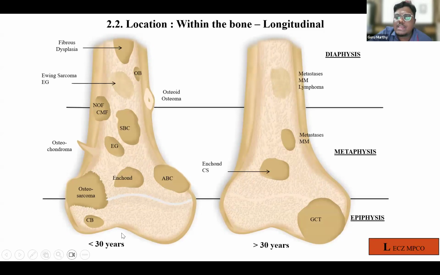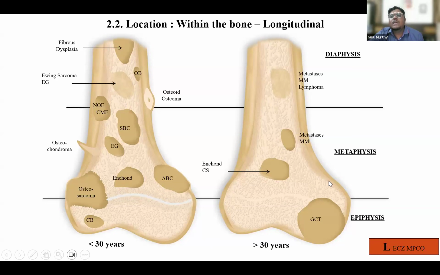In the age group less than 30, before the growth plate is fused, if you find any lesion in the epiphysis, think about chondroblastoma. And in the younger age group, if you see any diaphyseal lesions, think about Ewing sarcoma, osteoid osteoma, fibrous dysplasia, and eosinophilic granuloma.